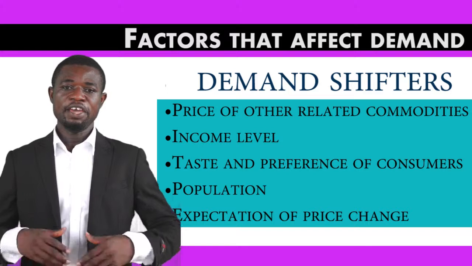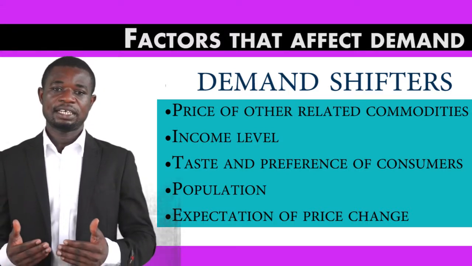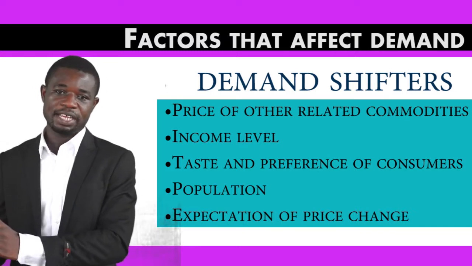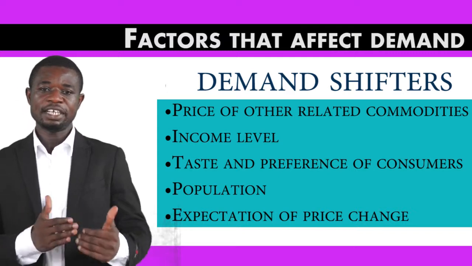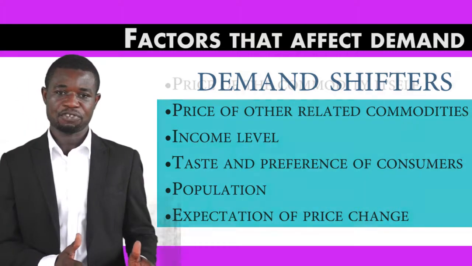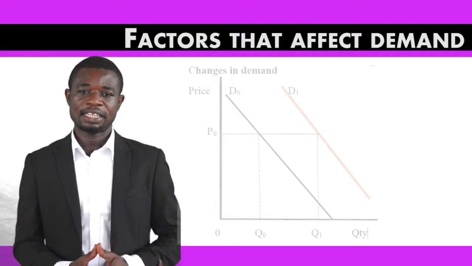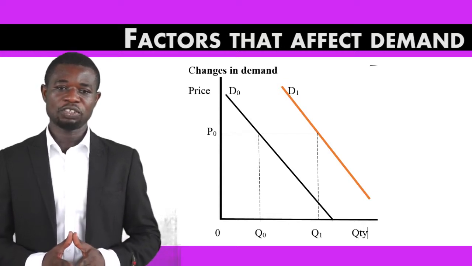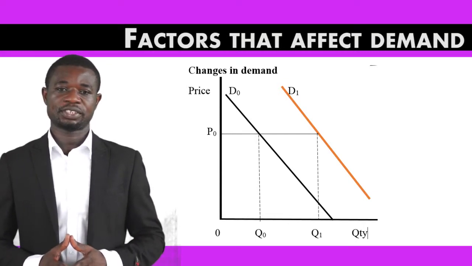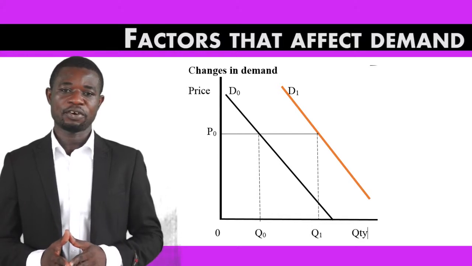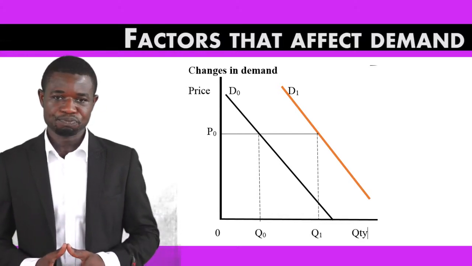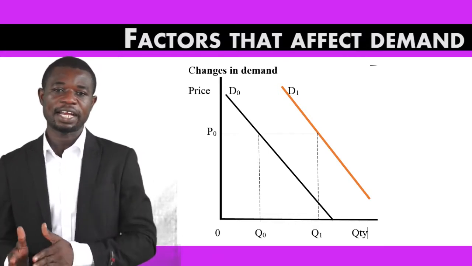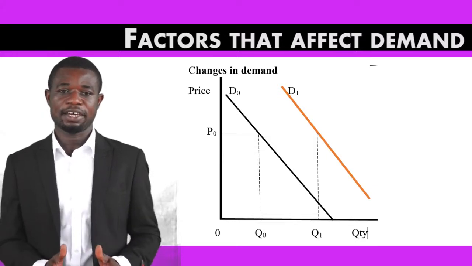So, if your income increases, then the demand curve is going to shift to the right. If your income decreases, the demand curve will shift to the left. In the diagram that is just displayed on your screen, if you look at it closely, we have two demand curves. We have D0 and we have D1. D0 is the original demand curve, and D1 is the new demand curve.